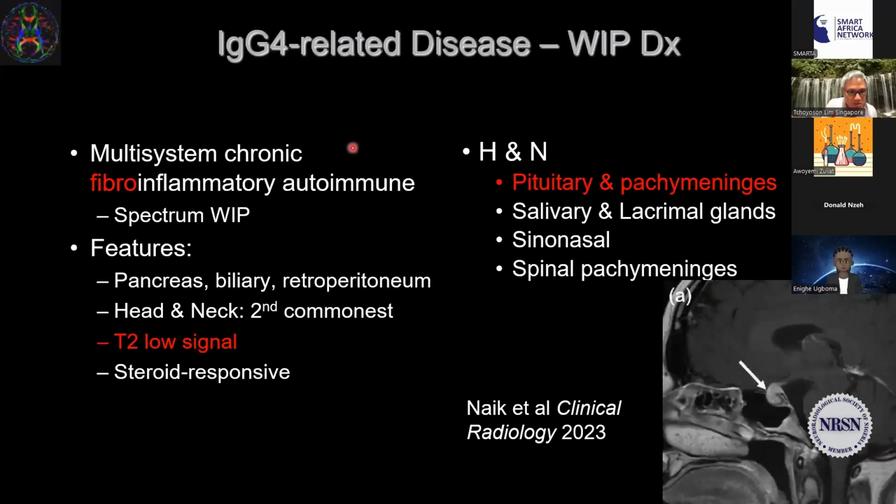IgG4-related disease is also an inflammatory condition, but this time it's fibro-inflammatory. Therefore, it affects the pachymeninges and the pituitary, also the salivary and lacrimal glands. And here a feature that is helpful is that the signal intensity on T2 is low compared to other inflammatory or infectious diseases where T2 signal is high.